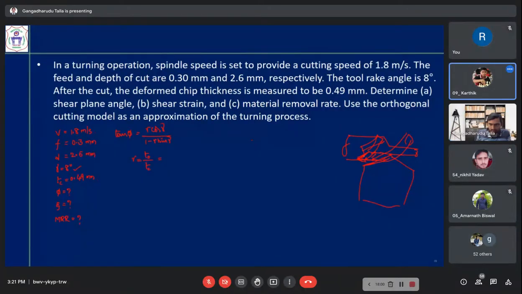Yes, sir. Then you see that is the thickness. But of course, that is cut chip thickness, uncut is this. So TO is nothing but F, 0.3 by 0.49. So what is that r now? Value. 0.612, sir.